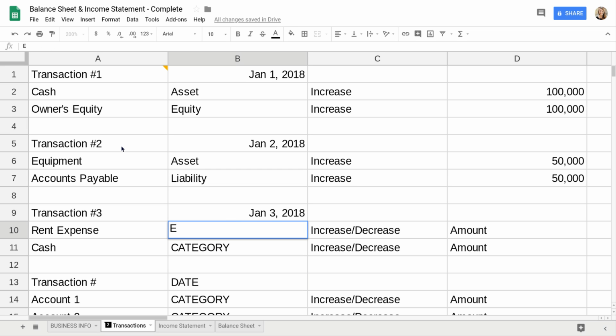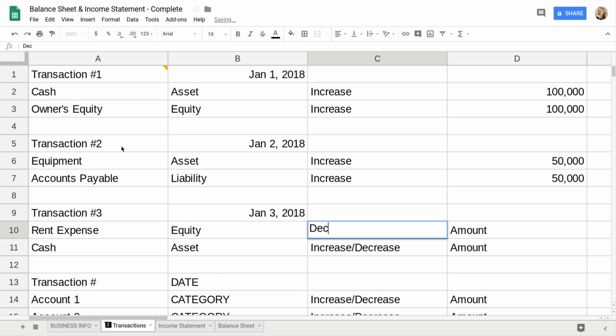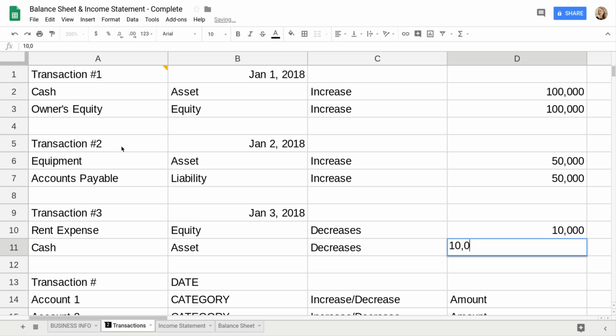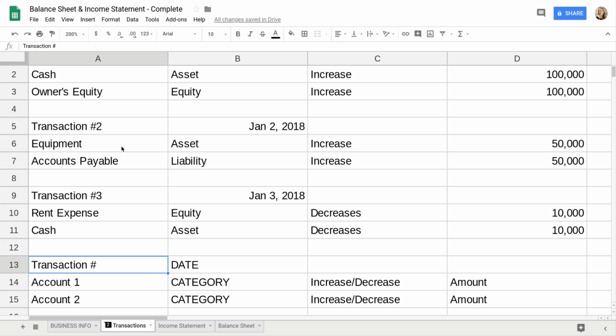I'm going to call this equity for lack of confusion. Equity. Cash is an asset. And rent expense decreases equity, right? And cash decreases. So we're doing well here. My rent expense is $10,000. Okay, so going through all of this, I've paid some rent.